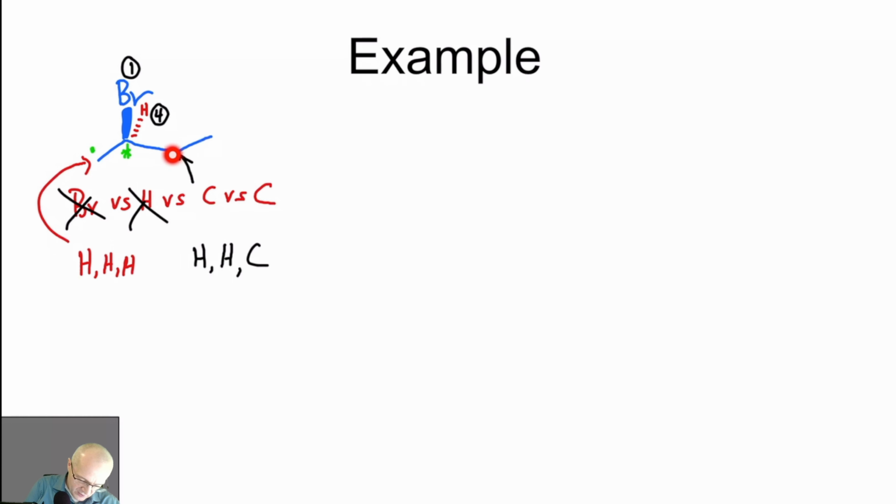So from here, I can go to hydrogen that's not drawn, hydrogen that's not drawn, or a carbon that's over here. From here, I can go from carbon to a hydrogen, or a hydrogen. Now, if you don't see those hydrogens in your mind, you should draw them in. I'm not going to. I'm going to keep this example a little challenging. If you can't already see the hydrogens that I'm talking about, you need to draw them in.